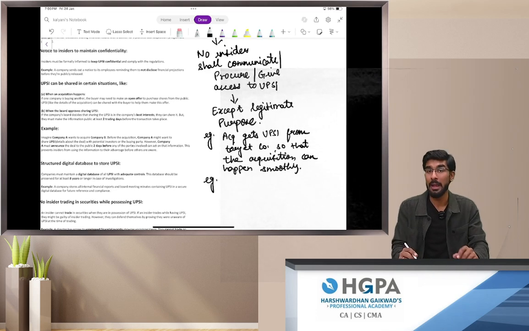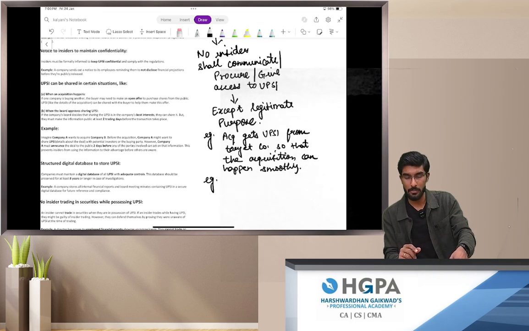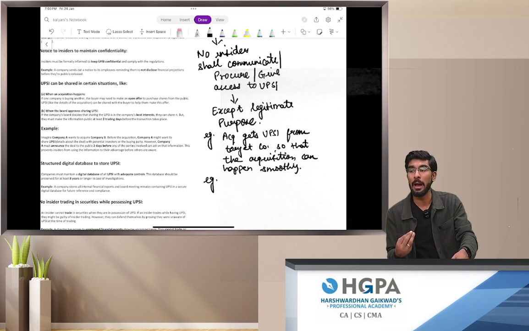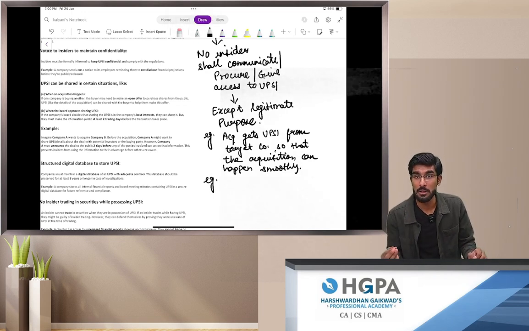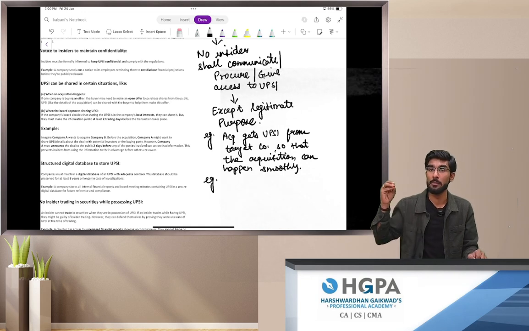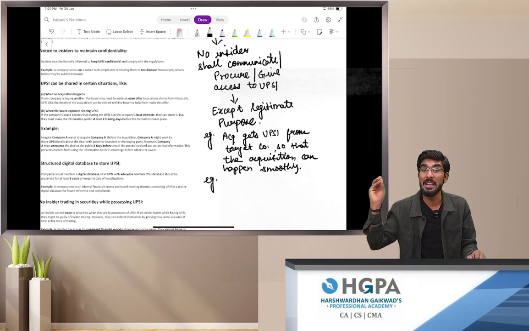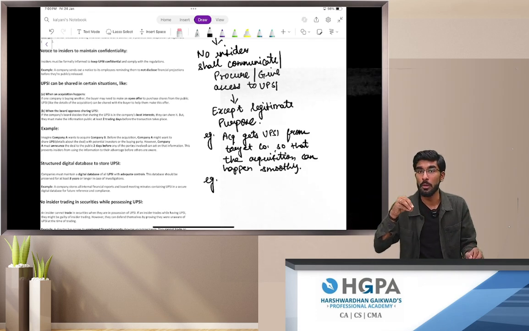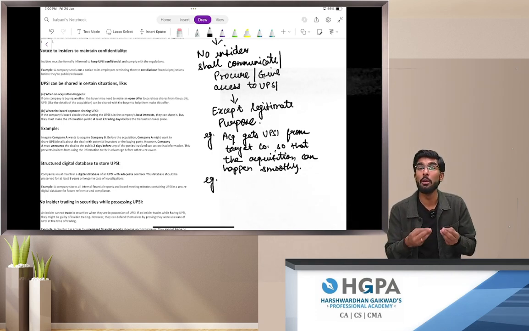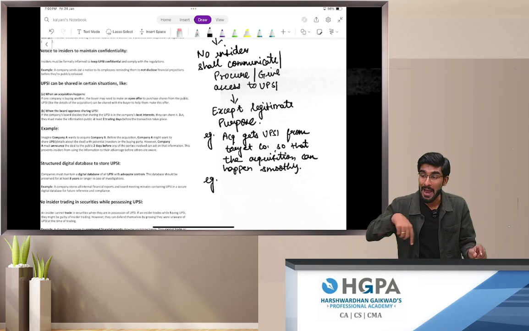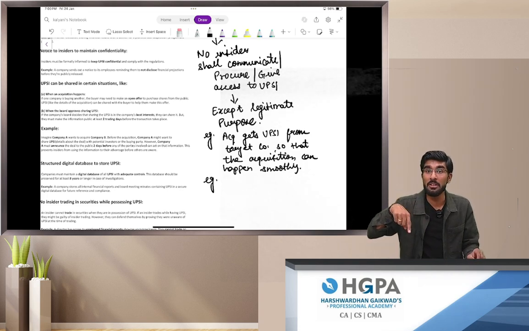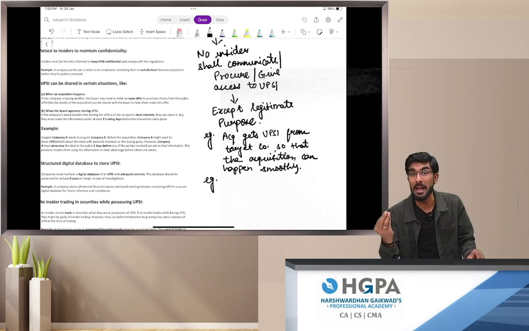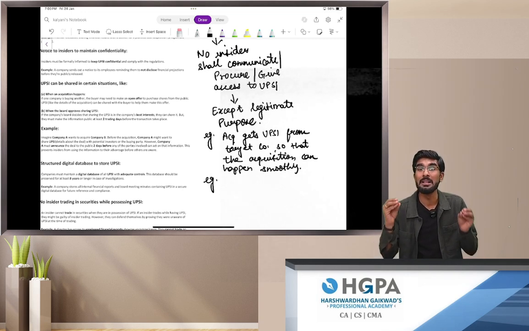Or let's say, people, like in the last chapter we learned, if I want to go for an IPO and I want to gain the confidence of the investors, I will appoint an independent credit rating agency to do a thorough due diligence of my IPO and research my business activities. During that due diligence, if they discover some UPSI, that is called legitimate purpose.